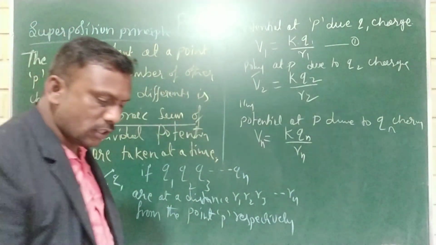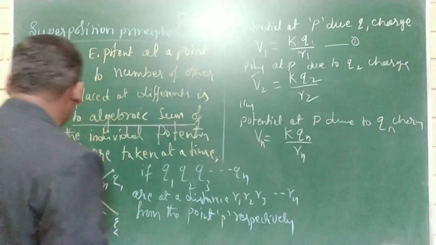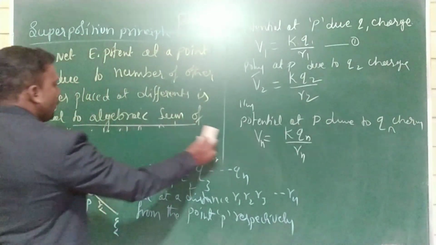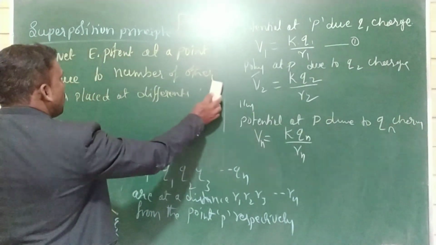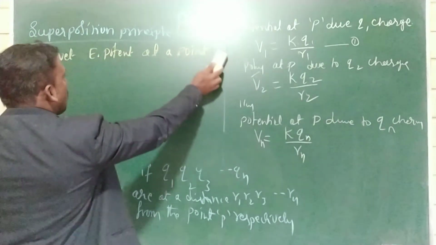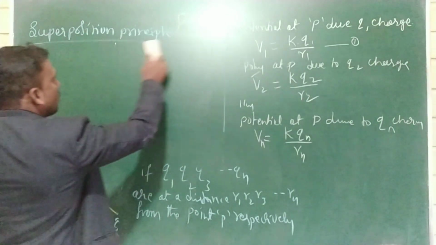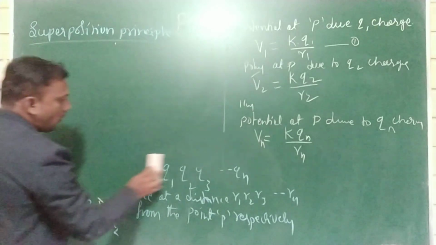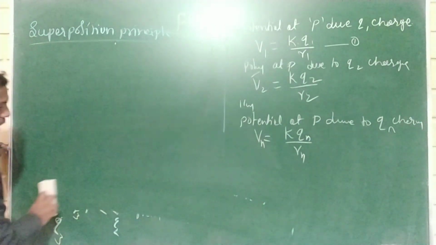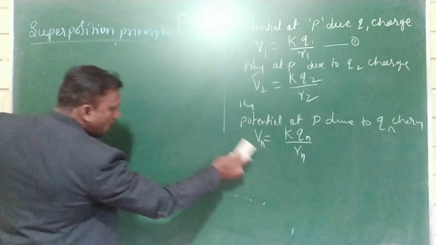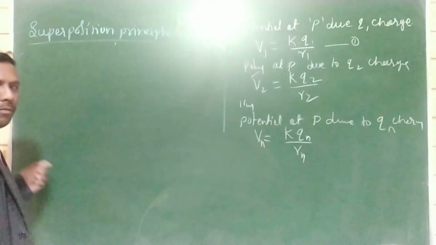According to the statement of the superposition principle, the net electrostatic potential at point P due to a number of charges is equal to the algebraic sum of all the individual potentials at point P taken at a time.